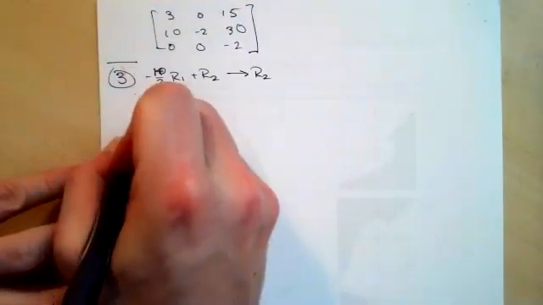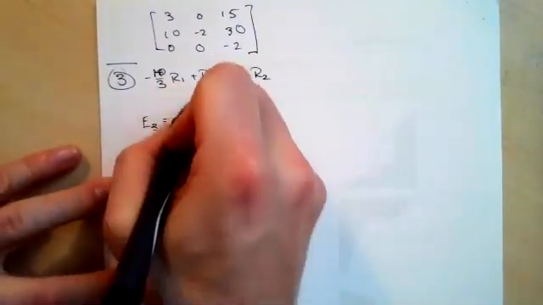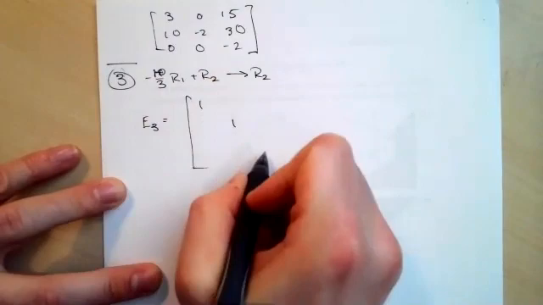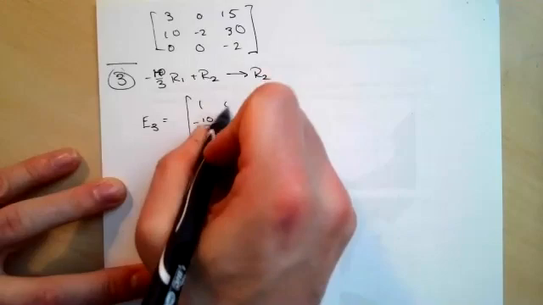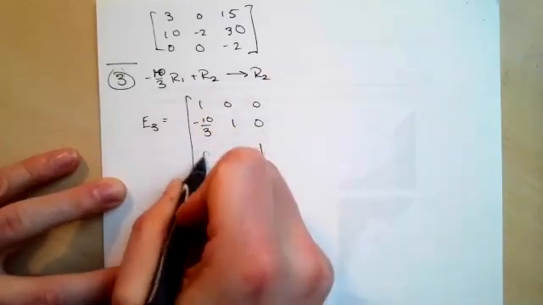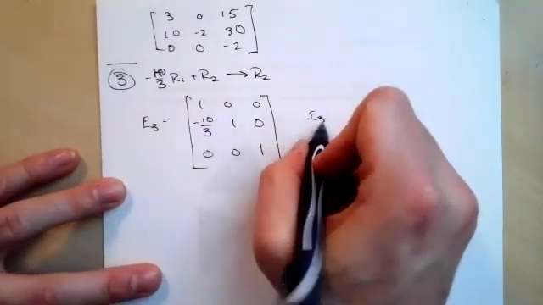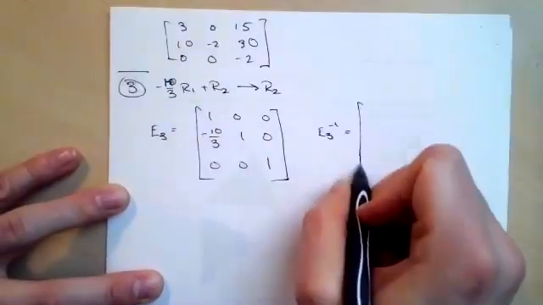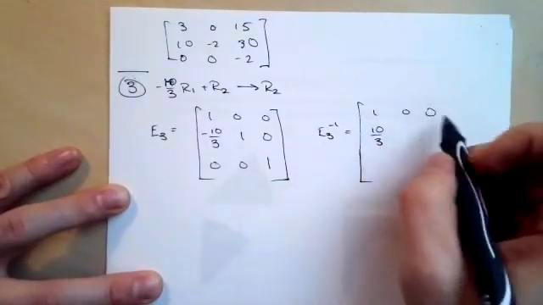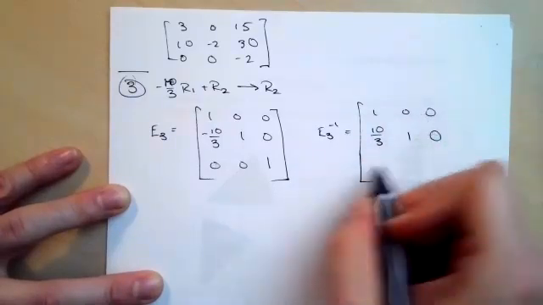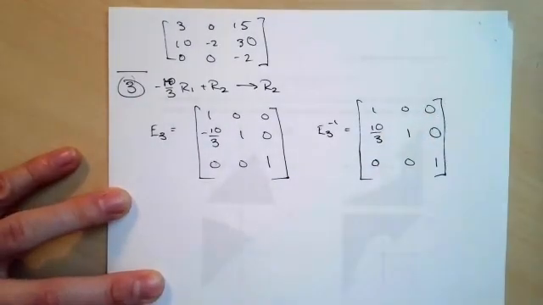What is our matrix? We'll call this E3. So we have our identity. We are adding negative 10/3, row 1, to row 2. Our E3 inverse would be to add positive 10/3, row 1, to row 2.